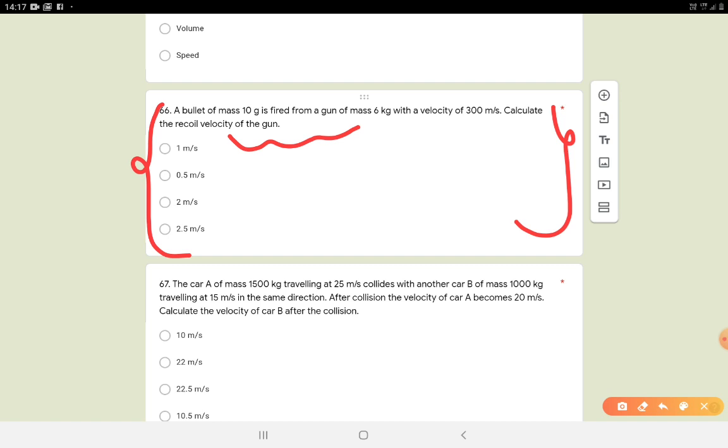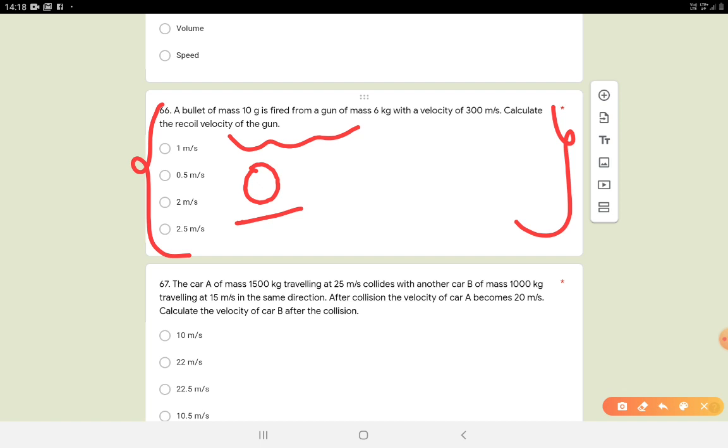If there is a gun with a bullet and at first it doesn't fire, at that moment its momentum is zero. So the initial momentum of the bullet and gun system is zero. This is an important thing.